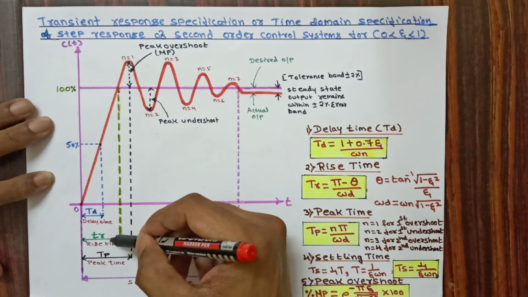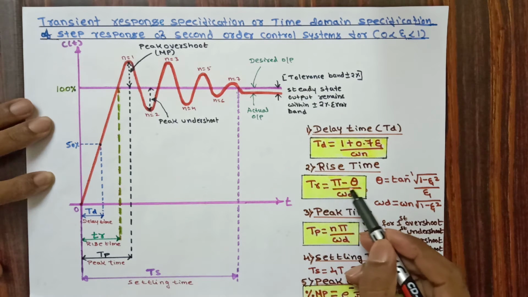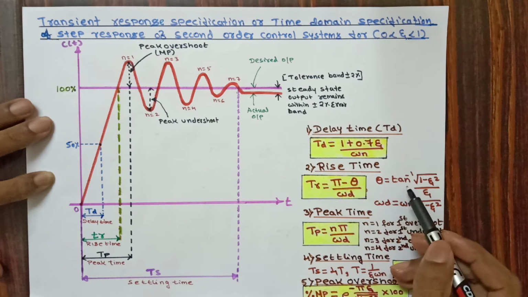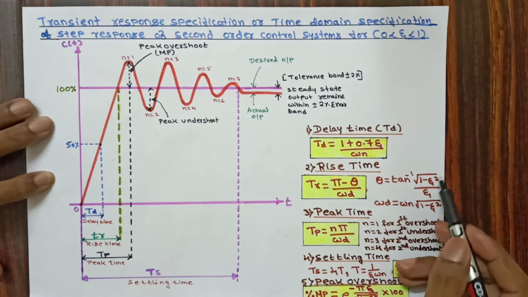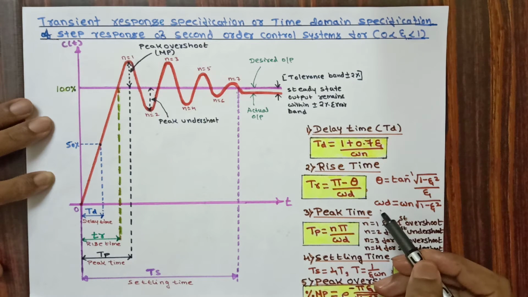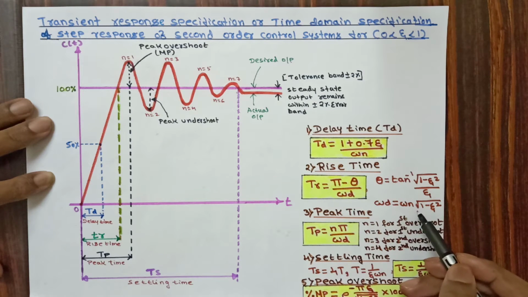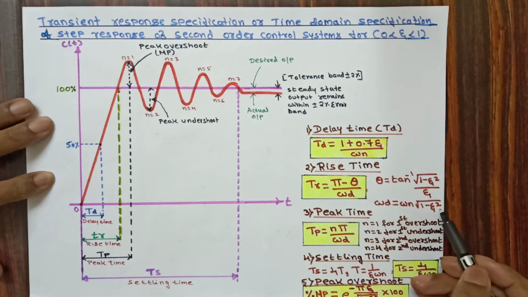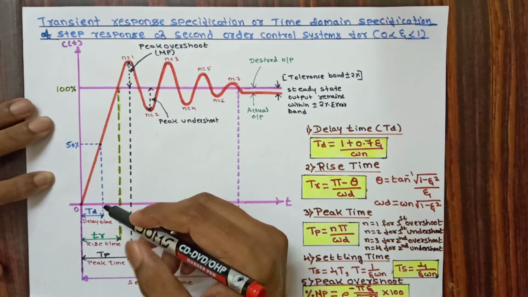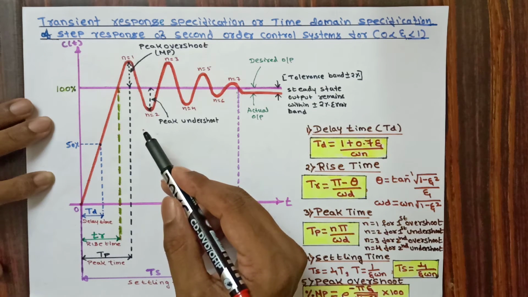It is denoted by TR, and it is given by the formula TR is equal to pi minus theta divided by omega d, where theta is equal to tan inverse of root of 1 minus zeta square divided by zeta, and omega d, the damping frequency, is equivalent to omega n into root of 1 minus zeta square. One thing you have to make a note, in this rise time we have measured from 0% to 100%, that is for zeta value in between 0 and 1.